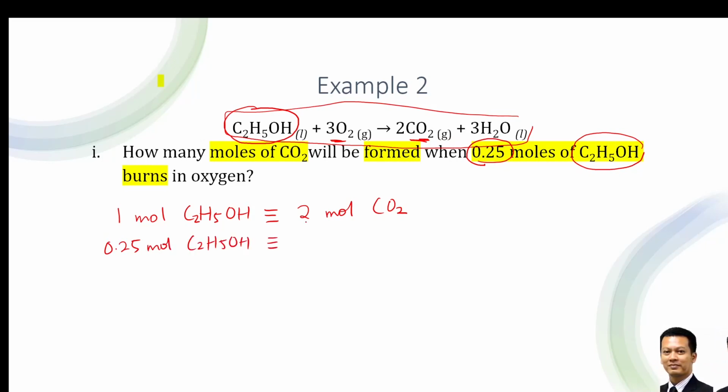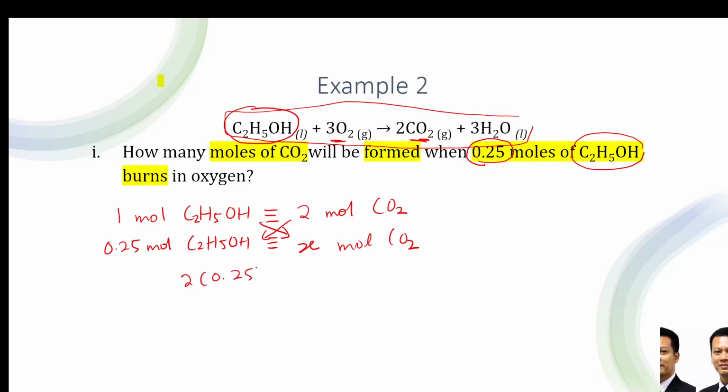This one we don't know, so X: how many mole of CO2? This is from the stoichiometry. We don't know, and cross product again. So 2 times 0.25 equals 1 times X, or X times 1.